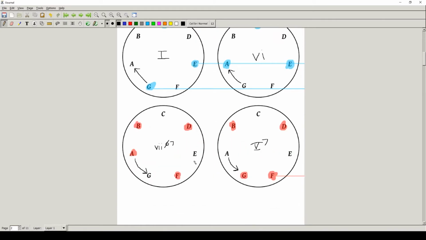By the way, if we go back to this root motion by third right here, notice that there's a really convenient fact, which is that root motion down by third, like from 7 to 5, the one note that has to move, A, which moved down to G, is in fact the 7th of the chord. That's real dang convenient.